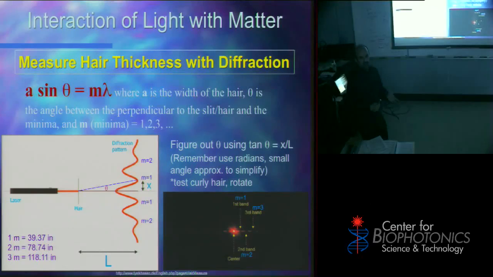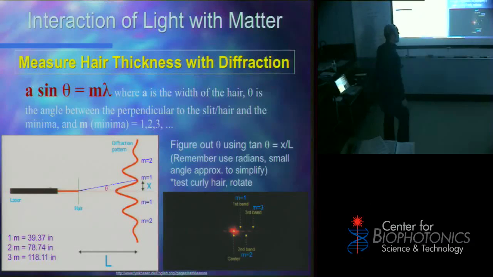Why can we measure hair thickness using diffraction? Okay. Lasers give out electromagnetic radiation, visible light in this case. Photons behave as both particles and waves. We're taking advantage of the wave properties of photons to figure out, using diffraction, the thickness of your hair.